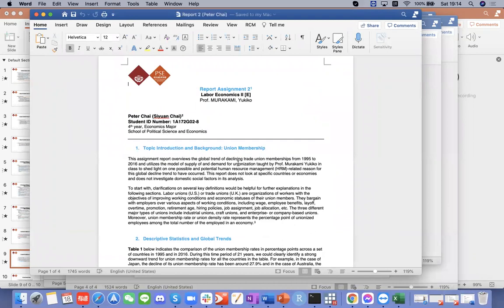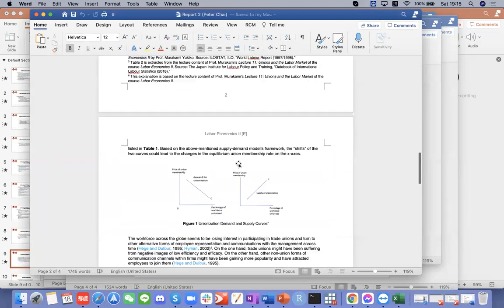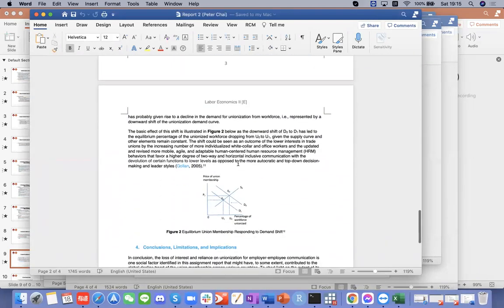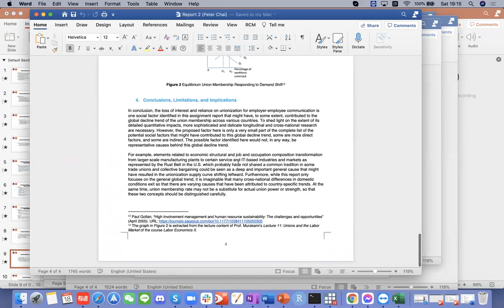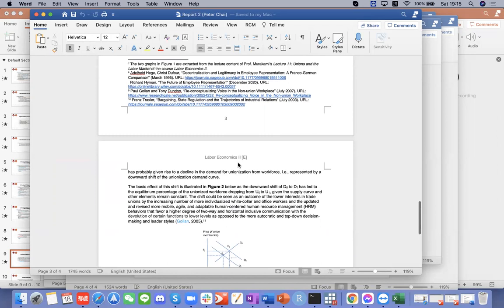This one is another one that I wrote for Labor Economics 2. I included the URLs for the news articles or the research papers that I found online.